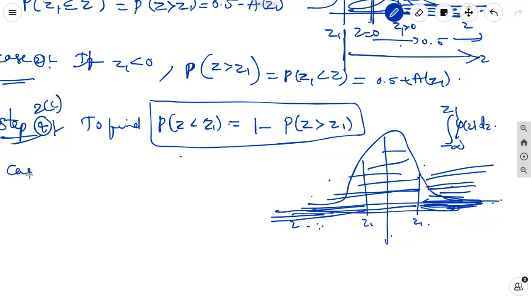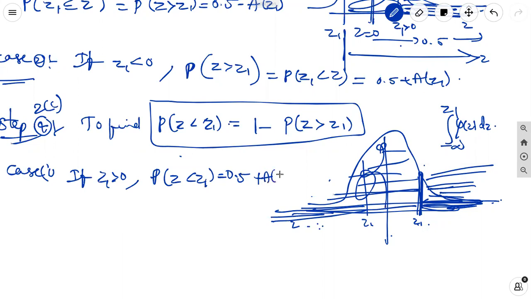In case 1, if Z1 is greater than 0, this is the Z1, so this area plus area of Z1, so the probability of Z less than Z1 equals 0.5 plus area of Z1.